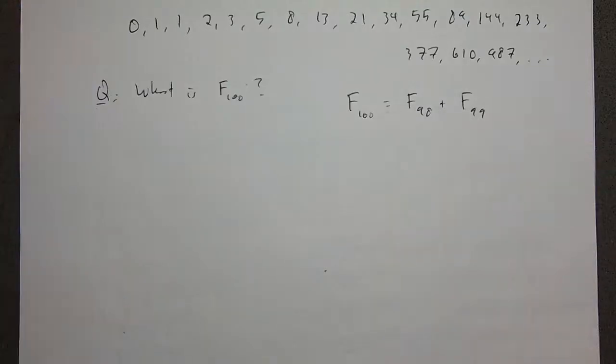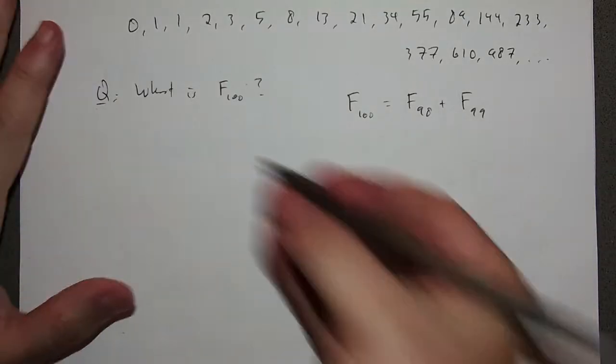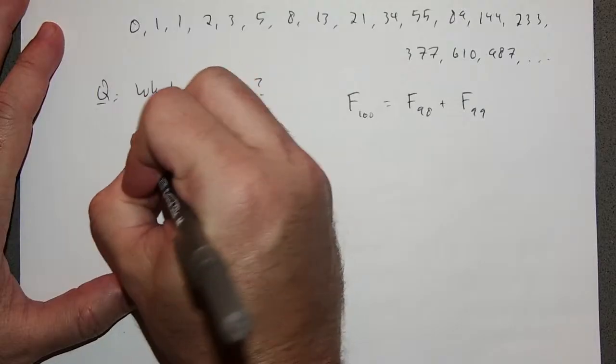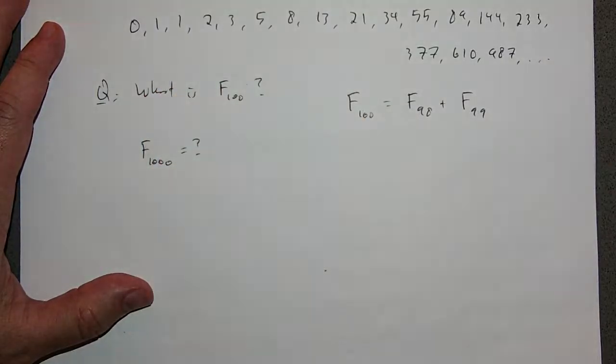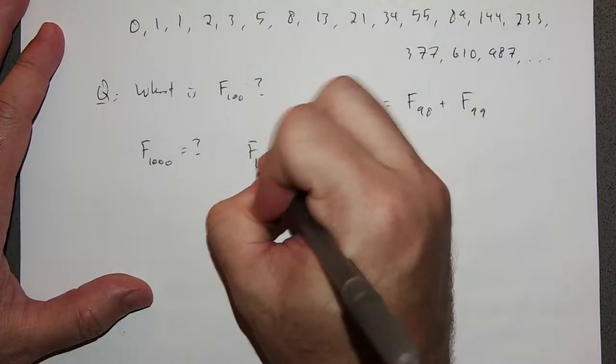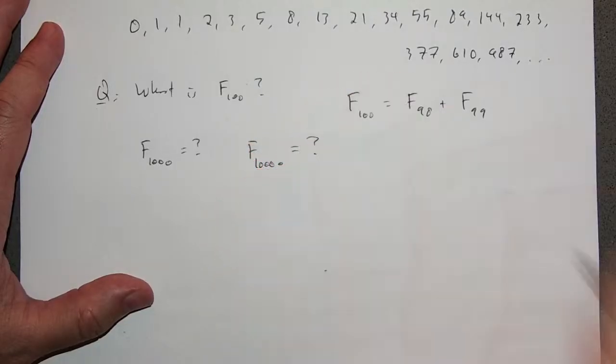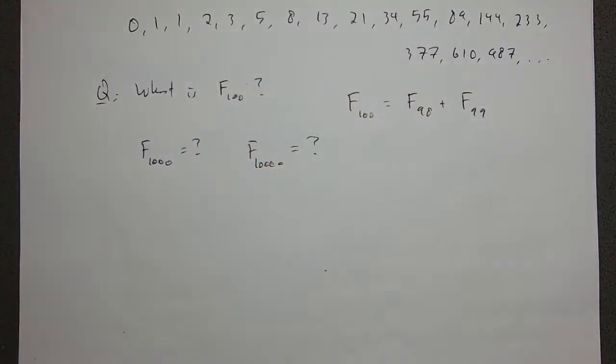But that's a really bad way of doing it. Because I could ask, what's f sub 1,000? What's f sub 10,000? Maybe doing it this way is not too bad for 100, but for these two, that would be a nightmare.